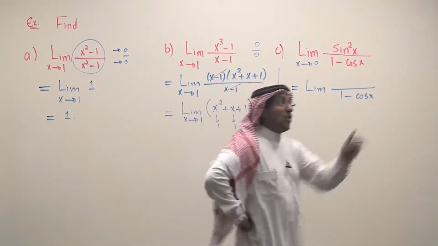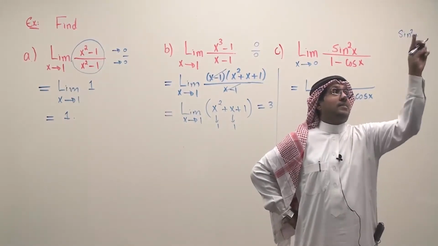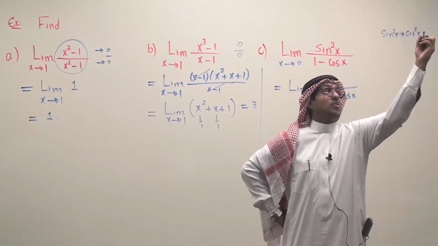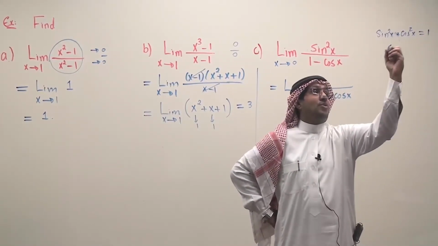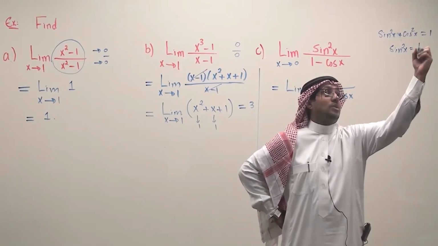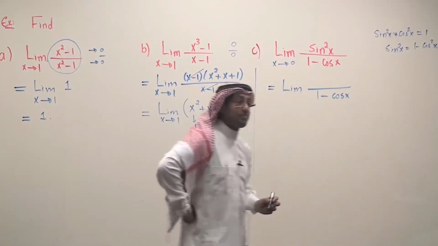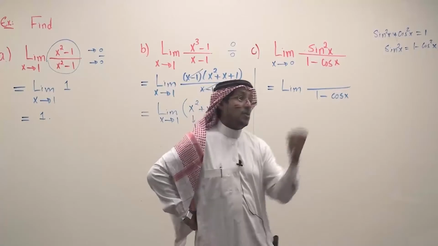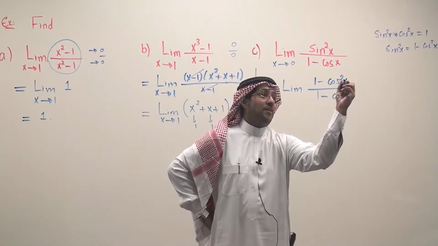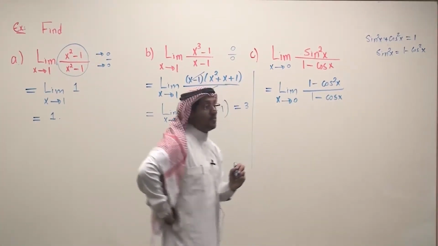Well, I recall that sine squared x plus cosine squared x equals 1. Therefore, I can deduce directly that sine squared x equals just what? 1 minus cosine squared of x. All right, so it is 1 minus cosine squared of x as x goes to 0. Almost done.